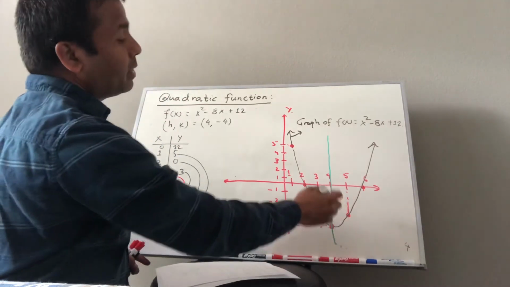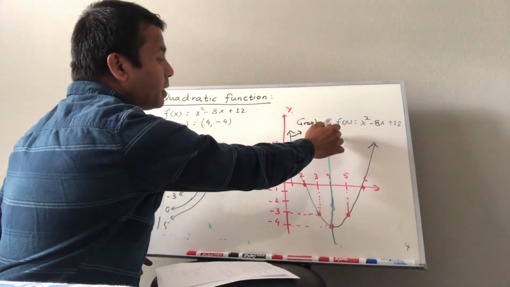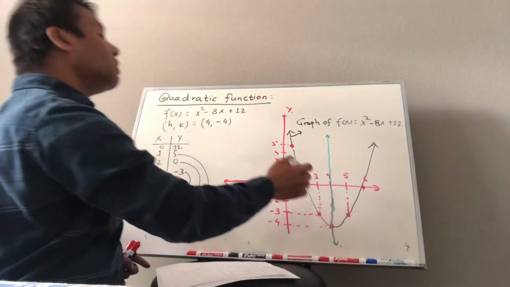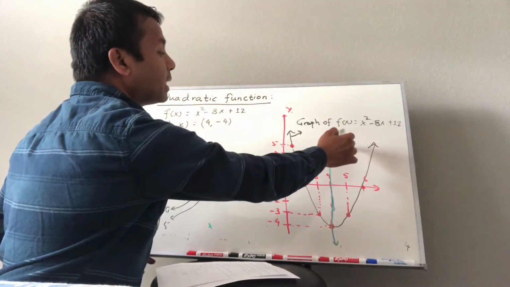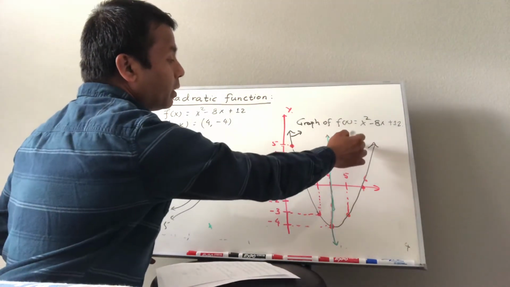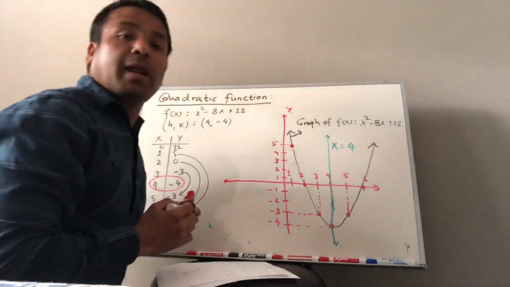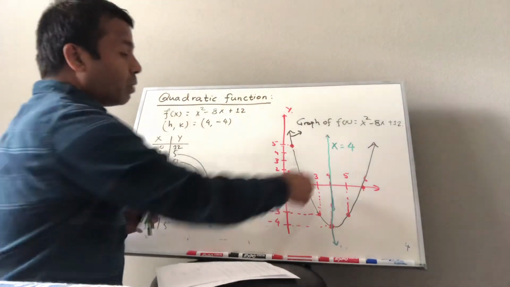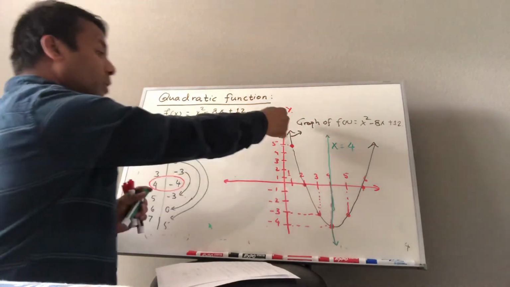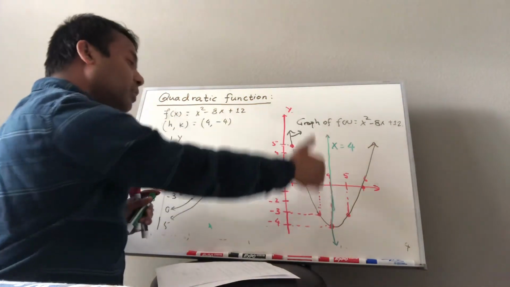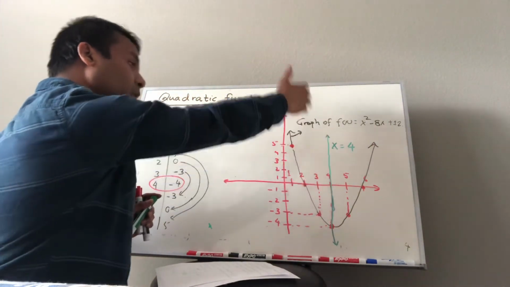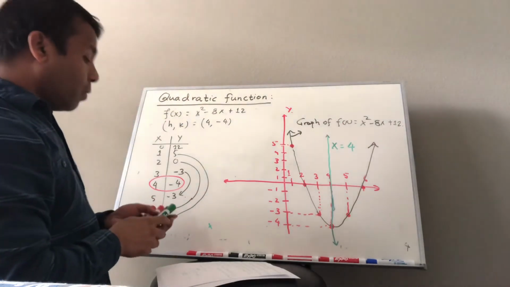So this parabola is symmetric with respect to this line. And you know that the equation of this vertical line is x equal to 4. So this parabola is symmetric with respect to the line x equal to 4.